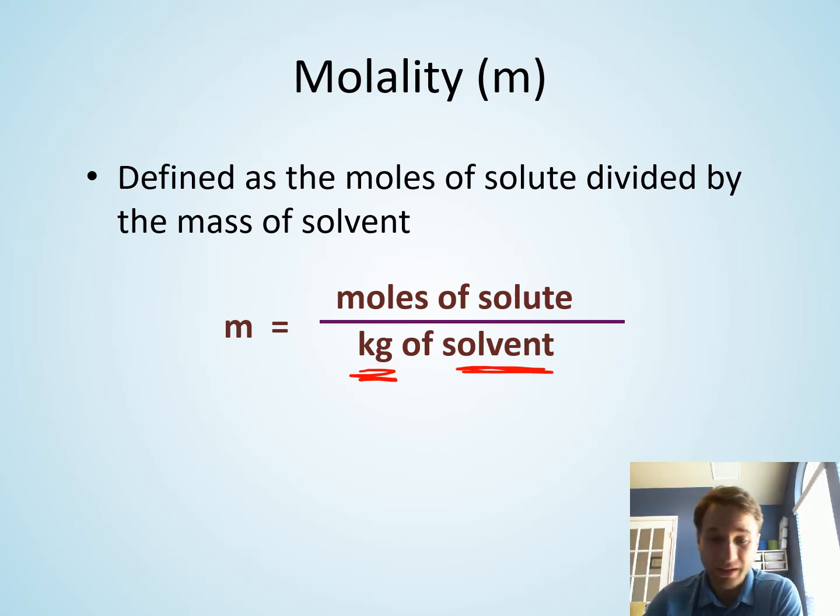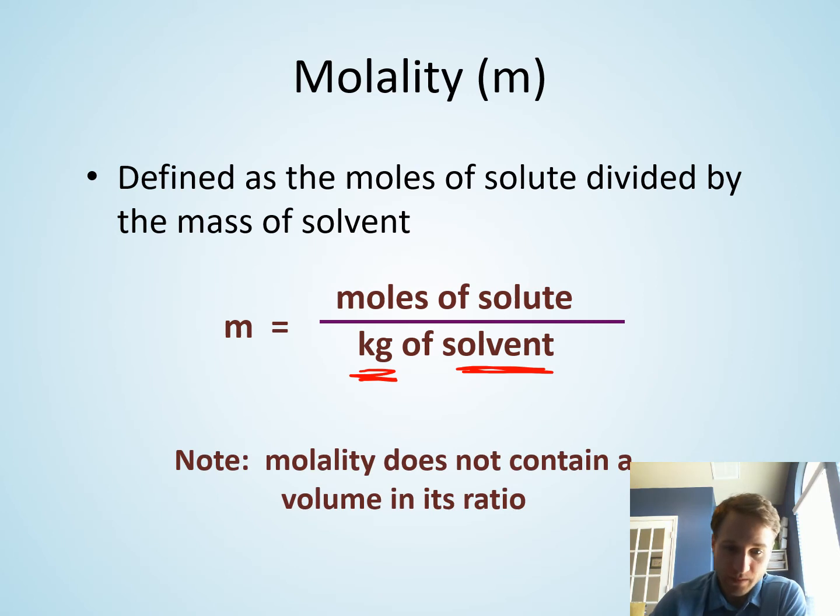So again, molarity is divided by the volume or liters of solution, while molality is the division by the mass or kilograms of the solvent. With molality we have no volume, while molarity uses the volume.